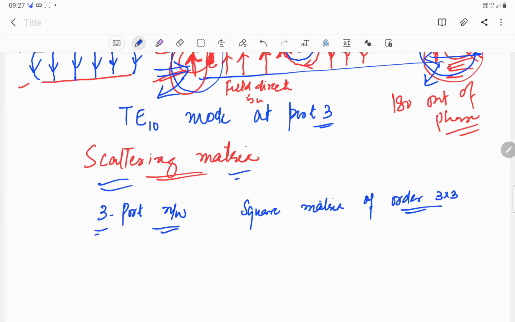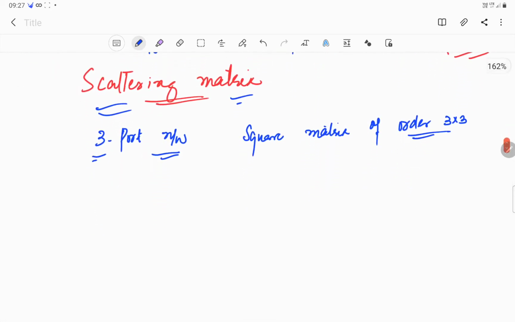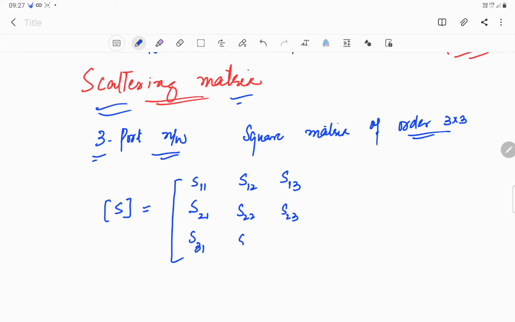Let me represent it: the elements of this S matrix would be S11, S12, S13, S21, S22, S23, S31, S32, S33. As we have already discussed the properties of the scattering matrix, for an n-port network the order of the scattering matrix would be n cross n, and for a 3-port network, therefore, the order would be 3 cross 3.